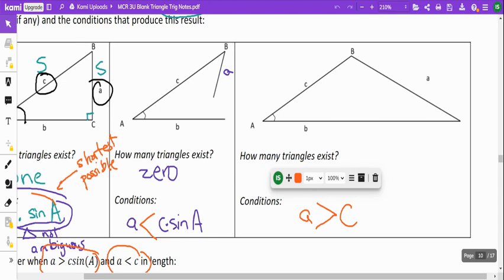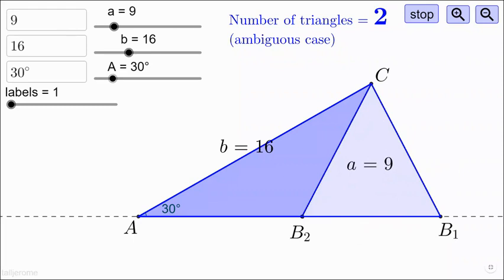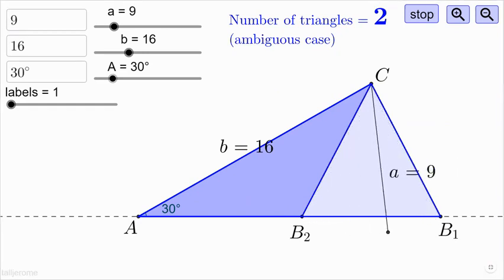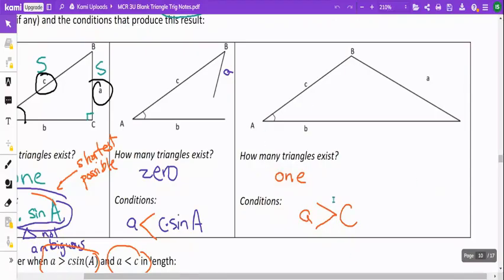Oh shoot, sorry, I'm not sharing it. Right, so as arm A swings, it makes contact with line B twice. But then we said, wait a second. There is a situation in which you will have one triangle, and that is when A is longer than C. Let's see what we mean by that.